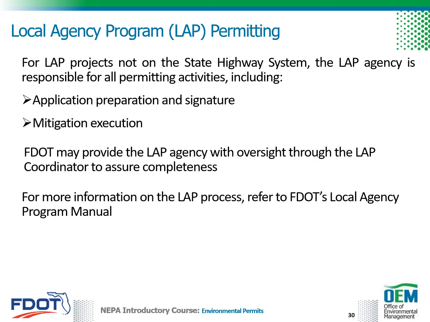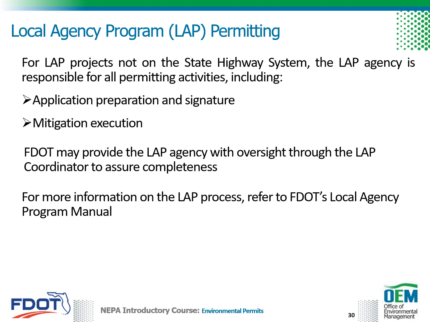For local agency program or LAP projects not on the state highway system, the LAP agency is responsible for all permitting activities, including application preparation and signature, and mitigation execution. FDOT may provide the LAP agency with oversight through the LAP coordinator to assure completeness.